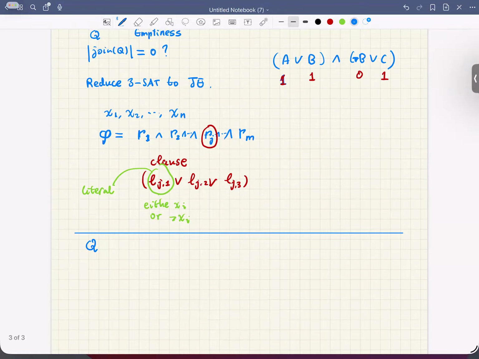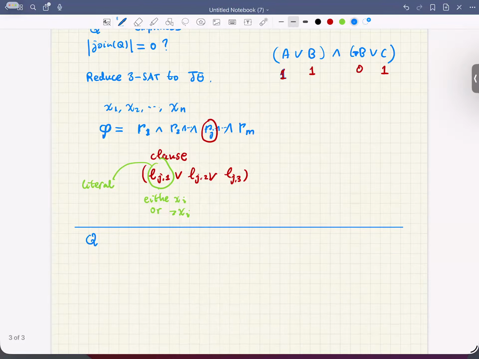So here is the construction. We want to create attributes, and we want to create edges. So think about the schema. And then for every edge, we have to define the relation. By relation, I mean the tuples. So here is what we do for each xi.